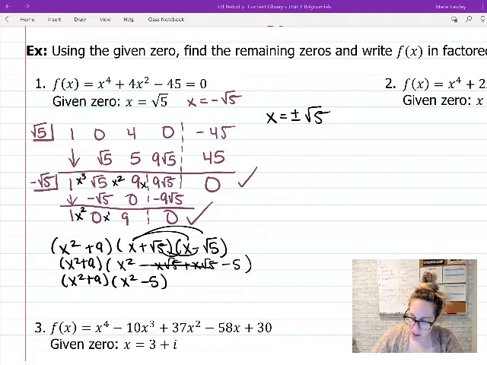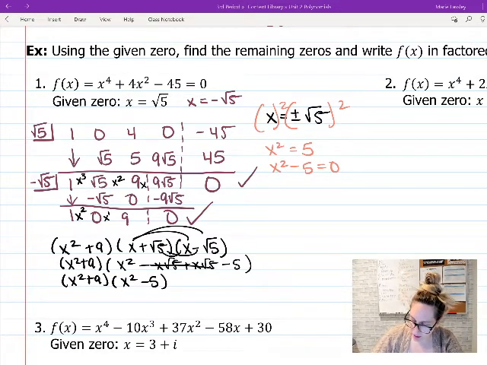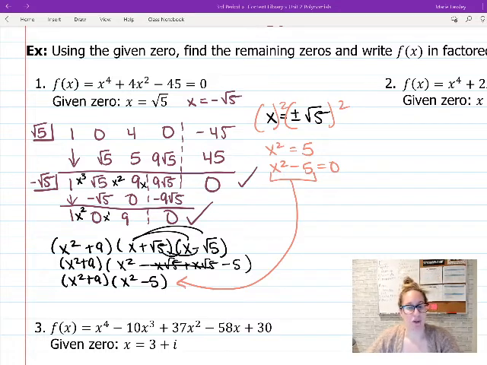Undoing a square root means you square both sides. That gives you x squared equals 5. When you square a plus or minus, it becomes a plus. Then you move the 5 over, so x squared minus 5 equals 0, which is what you got right here.